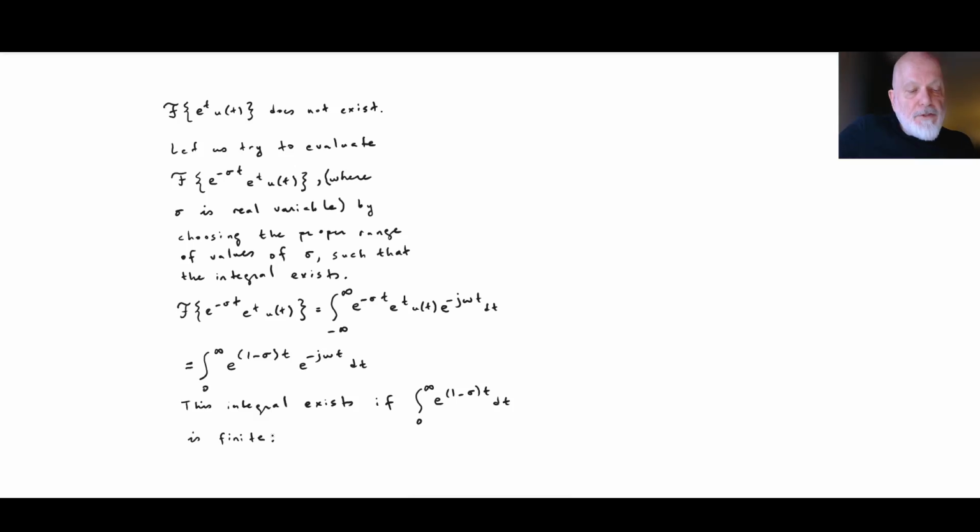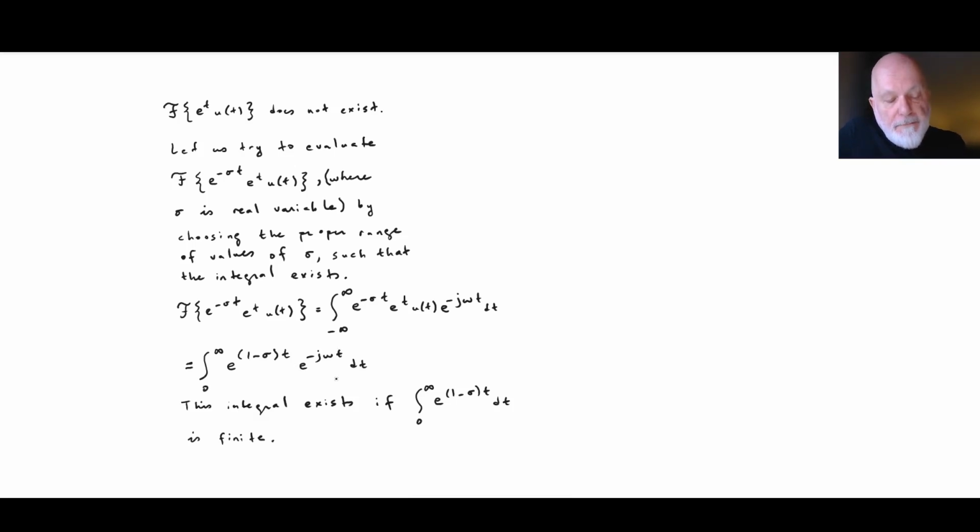And the condition for the existence of this integral is that sigma must be greater than 1. Therefore, we have a decaying exponential and the integral is finite. So this term is absolutely integrable and therefore the Fourier transform exists.